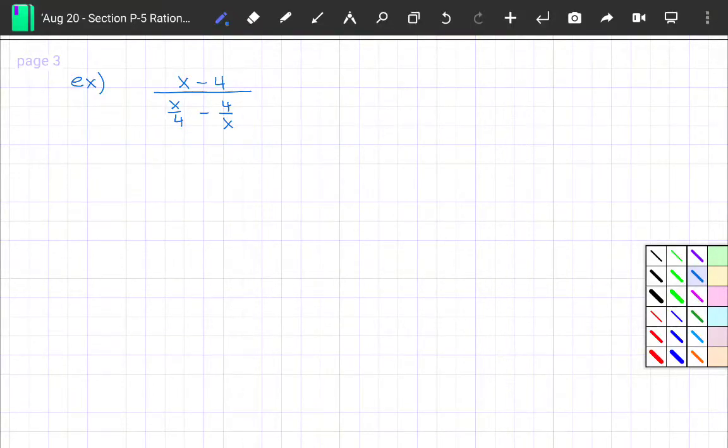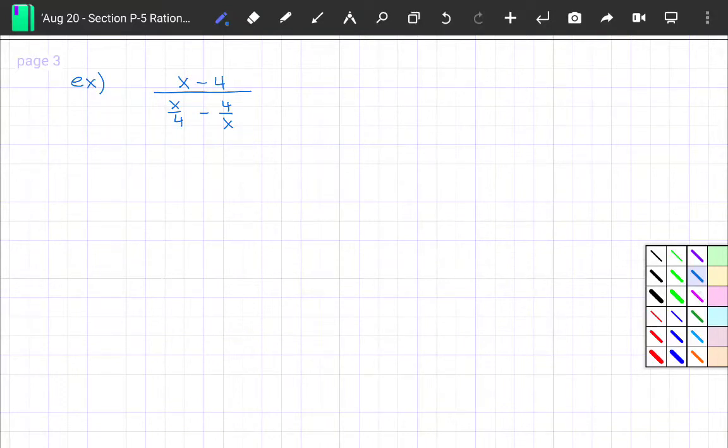Fractions within fractions. Now there are different ways you can do this, and honestly it does depend on the complexity of the problem. But in general, there is one way that is often the friendliest to do, so I'm just going to stick with that one.